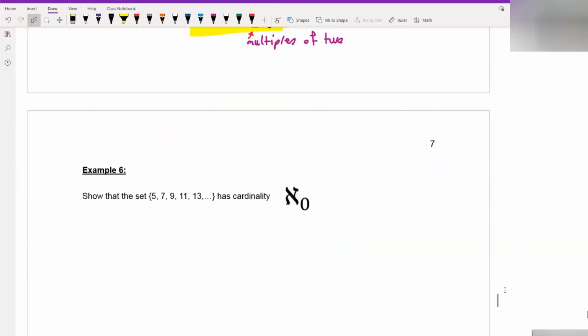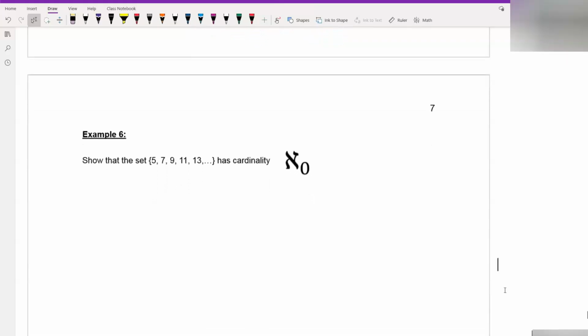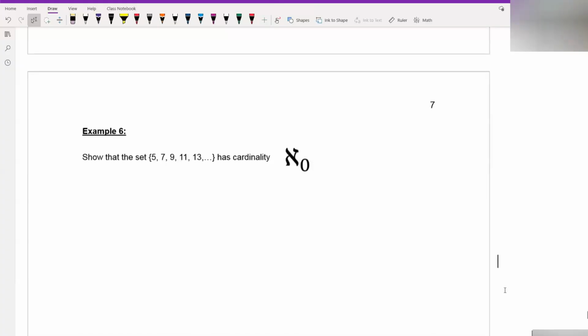So that's the set 5, 7, 9, 11, 13, which has cardinality aleph naught. These are odd natural numbers, but we didn't start from 1, instead from 5. Again, we have to find a one-to-one correspondence with natural numbers.